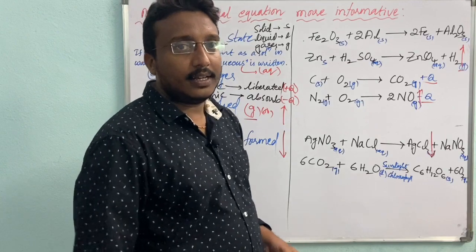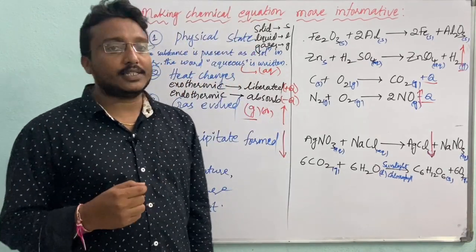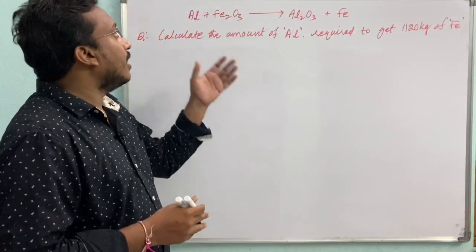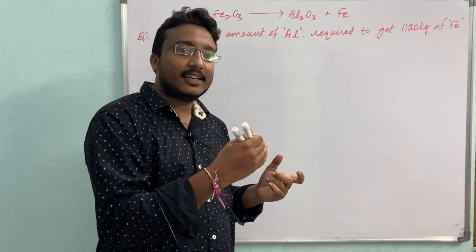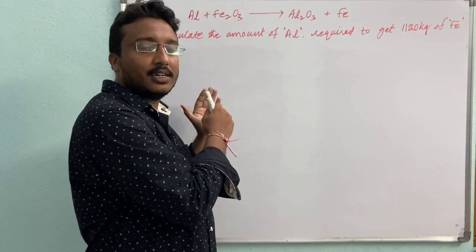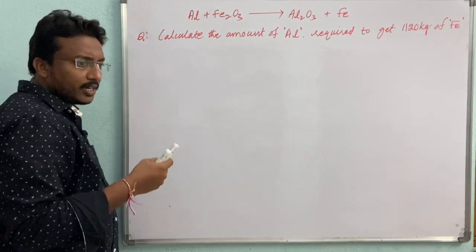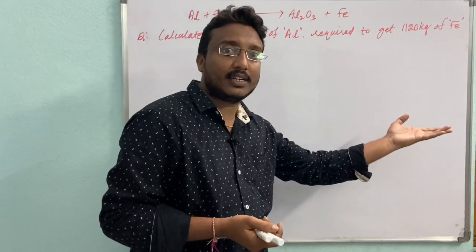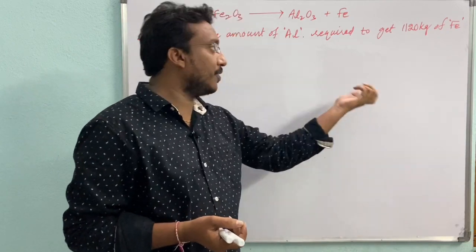The next topic we are going to discuss is one more important topic along with this. From a chemical equation we get much information, like which are the reactants and which are the products, and whether the given product is in solid, liquid, or gaseous state, or is a precipitate.